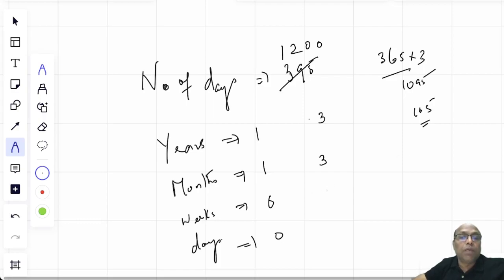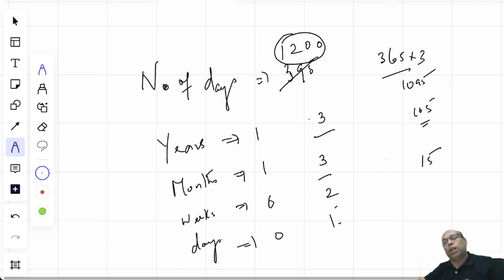In 15, how many weeks are there? 2 weeks. Now what is remaining? 1 day. Therefore, if I have been given an input of 1200, I want the output 3 years, 3 months, 2 weeks and 1 day. Okay, now how to do this exercise?